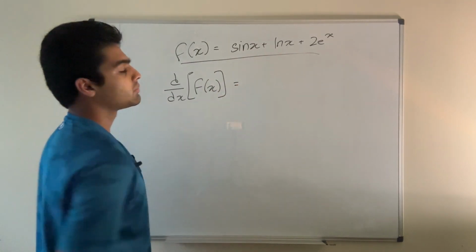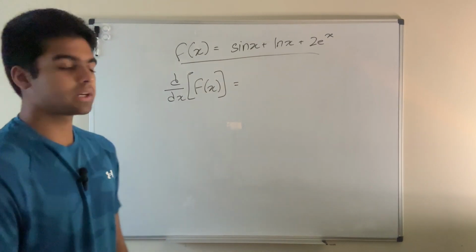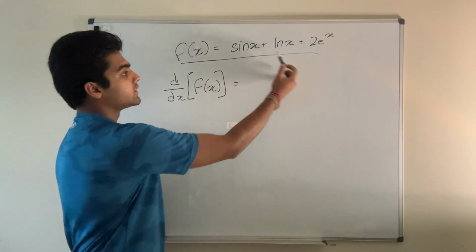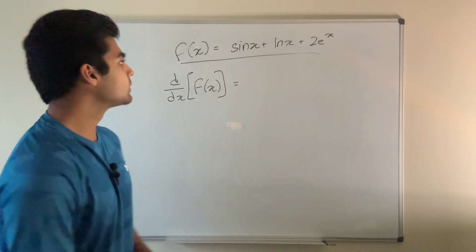So if you remember from last video, we had the sum property of derivatives, right? Which is basically saying if you have addition, you can break those into separate derivative problems, right?